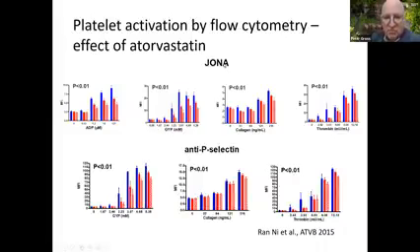So GPIIb/IIIa is a measure of the marker that changes on platelets to make them aggregate, and P-selectin is granule secretion. So the platelets aggregate less and secrete less of their granules to ADP, to thrombin peptide, to collagen, and to thrombin.